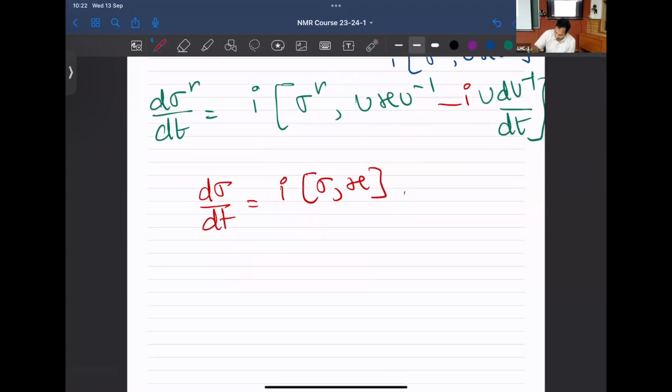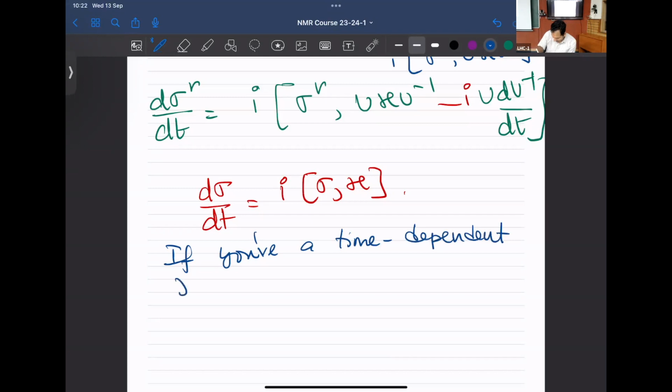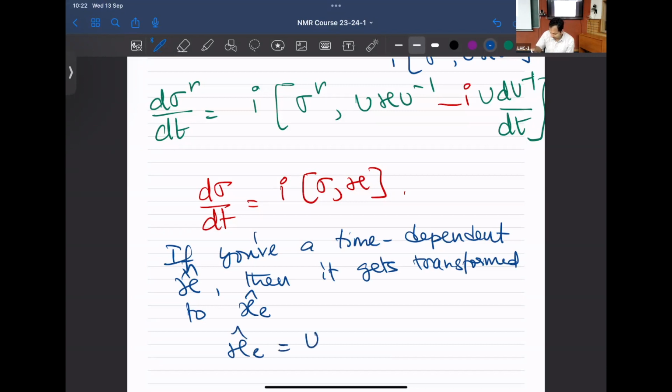What do we want to say here? If you have a time dependent Hamiltonian, then it gets transformed to, let's say, H_E, following the nomenclature that the textbook follows, where the transformed Hamiltonian will be U H U inverse minus I U dU inverse over dt.